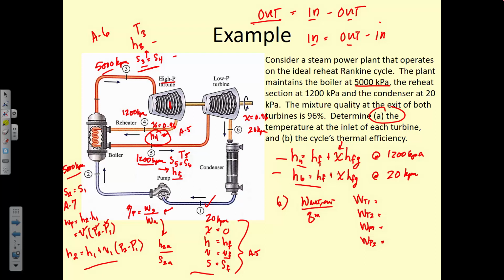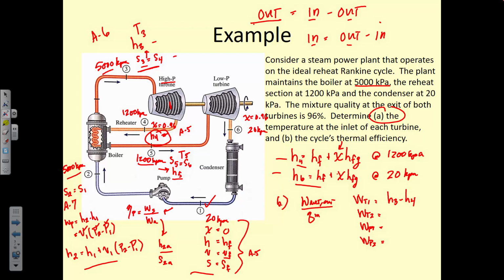So what is the other method that you could do? Energy balance. Do the whole energy balance on your turbine. Like, oh my gosh, I can't remember how this equation goes, so I start with Q in minus Q out, plus work in minus work out is equal to H2 minus H1, whatever. Okay, so the work of turbine 1 is going to be H3 minus H4.